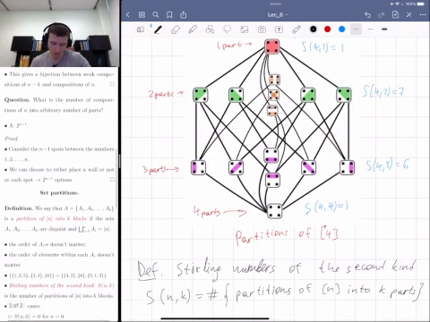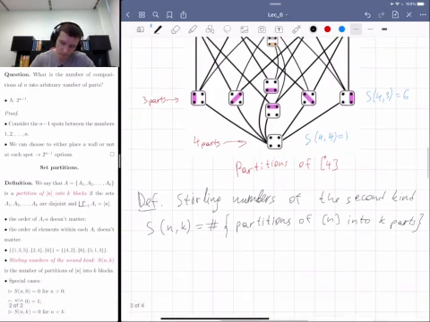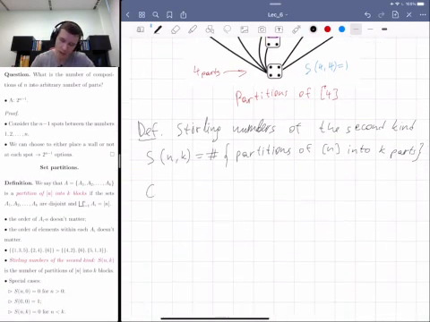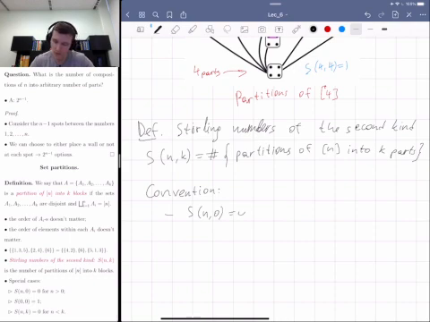So the convention, which also completely makes sense from the definition, is that S(n,0) is 0 for n bigger than 0, S(0,0) is 1, and S(n,k) is 0 when k is bigger than n.